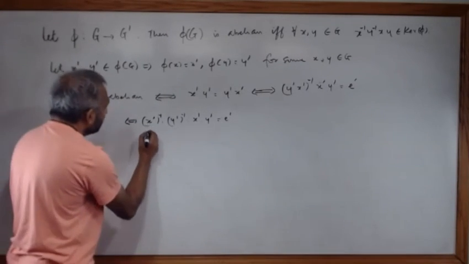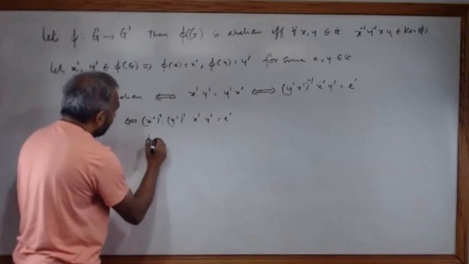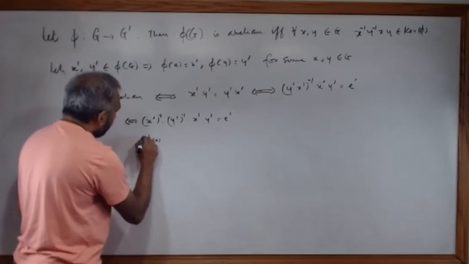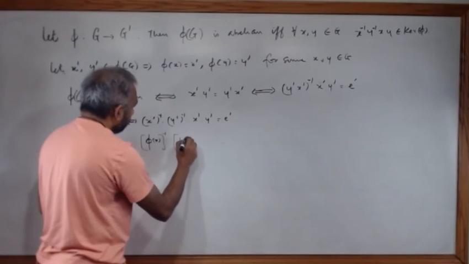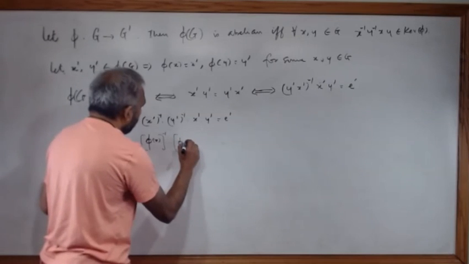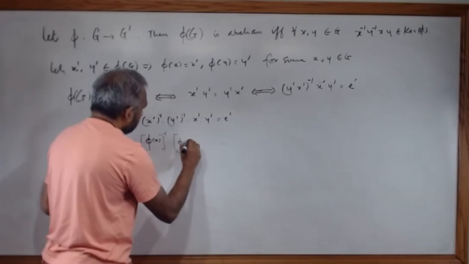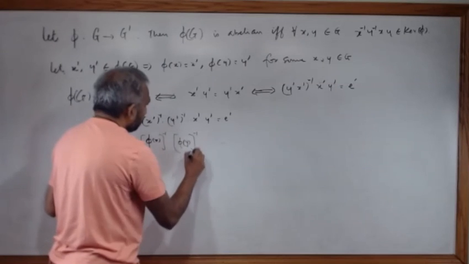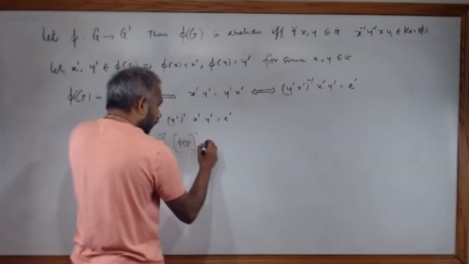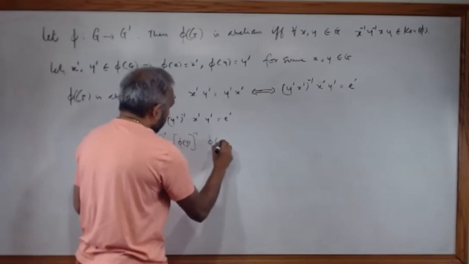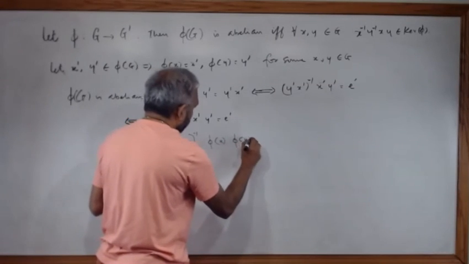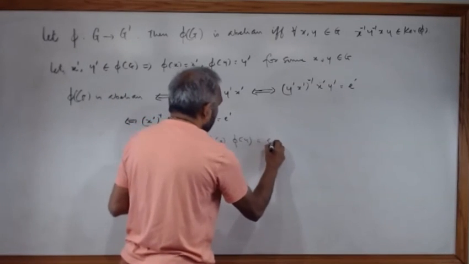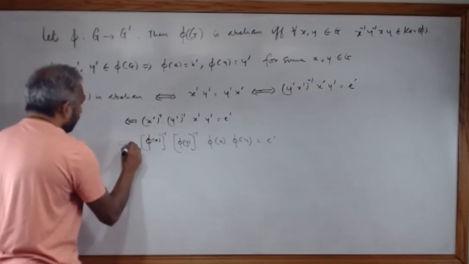And what is this? This is actually phi of x inverse times phi of y inverse times phi of x times phi of y equal to e prime.